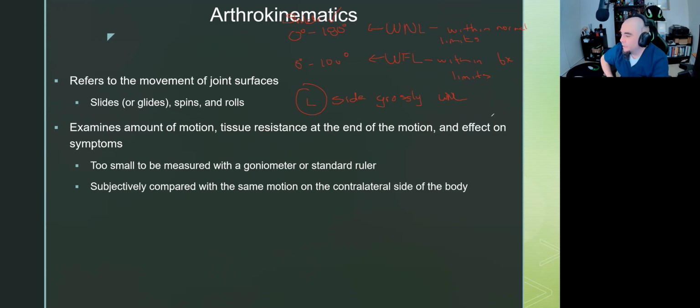Left shoulder, grossly within normal limits. What would that tell you? Yeah, for the most part they have full range of motion. There aren't any glaring deficits. For the most part, the shoulder is functioning normally, and we don't really have to worry too much about loss of motion.